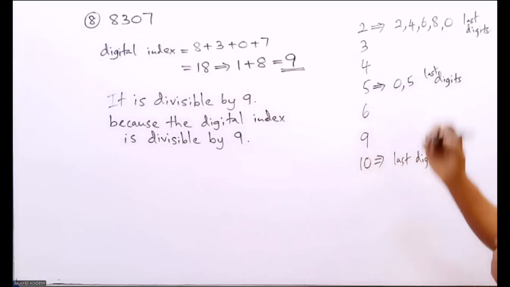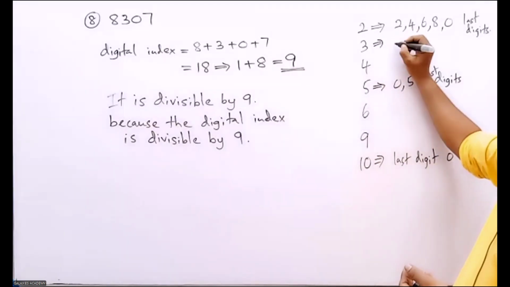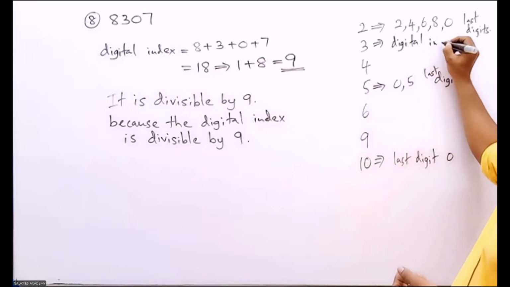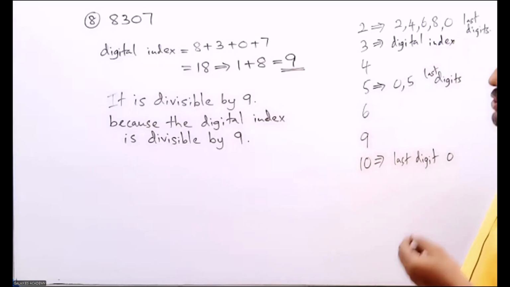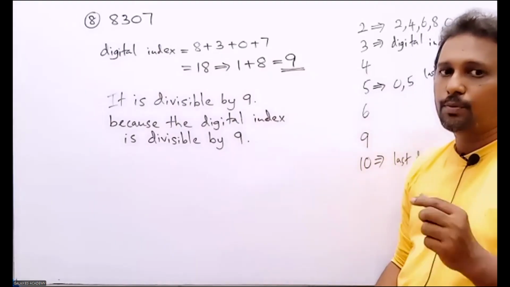Right? If a number is divisible by 3, the digital index should be divisible by 3. Right? Digital index should be divisible by 3.